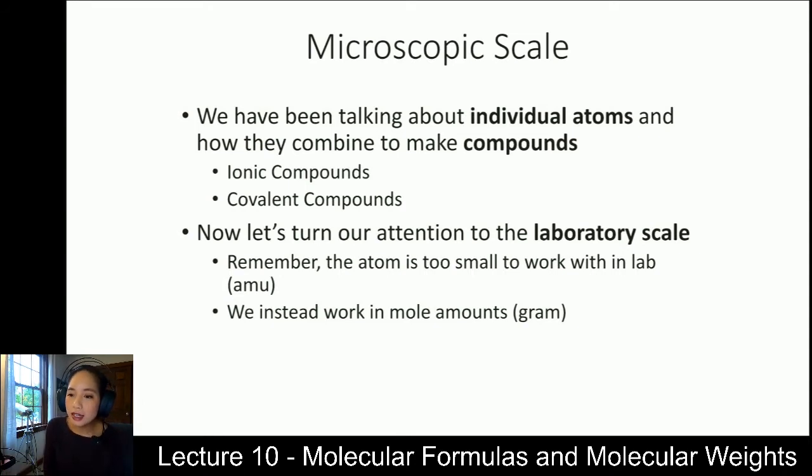So we have to think about what units we can use to measure molecules and compounds on a laboratory scale in our own labs. So yeah, remember when talking about atoms, we typically are talking about units in AMU, which is just a tiny, tiny fraction of a gram. So instead, we need to be working in molar or mole amounts of substance. And so we can be in the unit of grams.